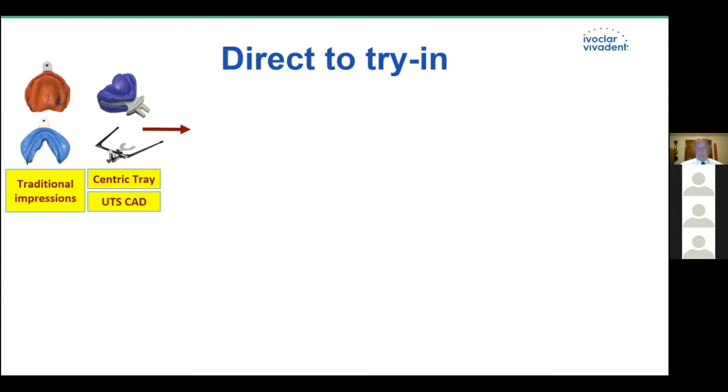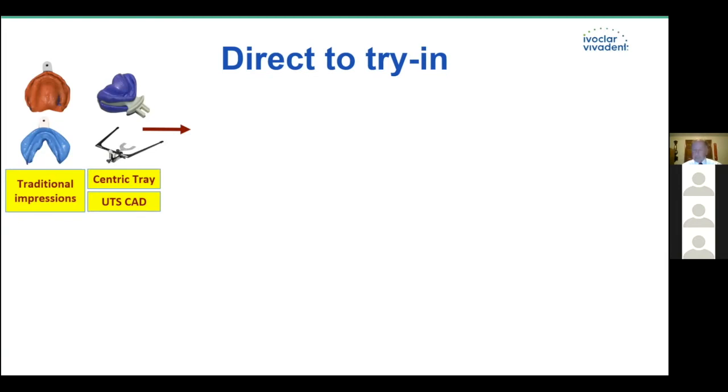The Centric Tray is kind of a glorified mush bite, because in order to get this into the software program, we have to have an arch relationship. We've had that with the impressions in a denture and immediate dentures. We've got the bite and wax rims, so all those come with their inter-arch relationship. Where we're starting from scratch, we need a mush bite, and the Centric Tray is a very refined tool to help us take a jaw registration.